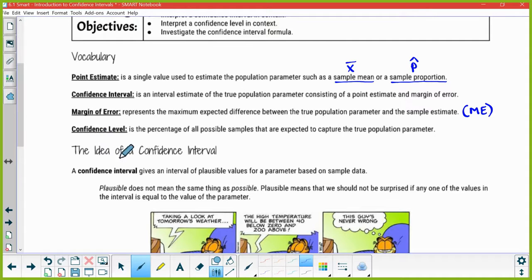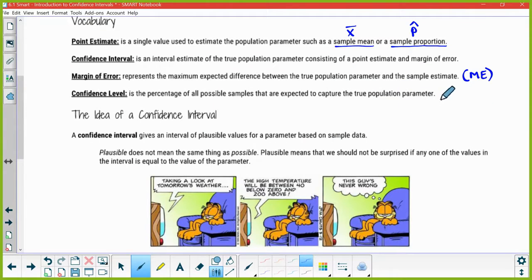A confidence level is the percentage of all possible samples that are expected to capture the true population parameter. And we'll get into this a little bit more once we go over the definition and how to interpret a confidence level.